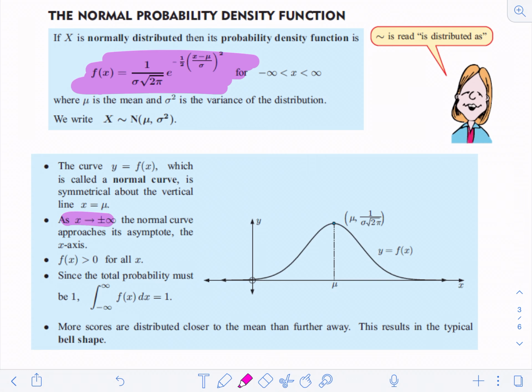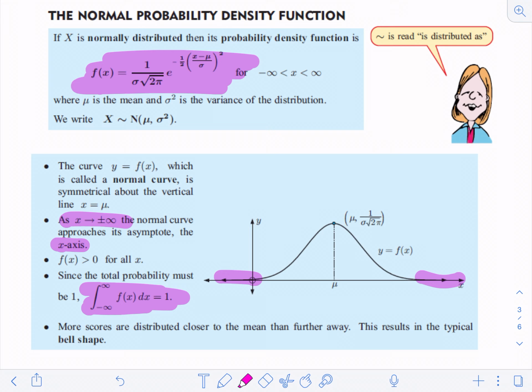As x approaches positive or negative infinity, the asymptote is the x-axis, so it's getting really close to, but never hitting zero in these extreme cases. As a result, the area under this entire curve has to equal 1, from negative to positive infinity, because all the probabilities together have to equal 1.